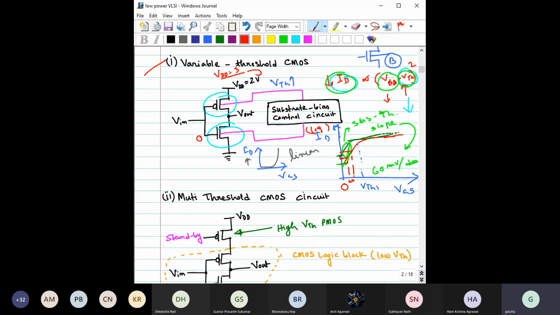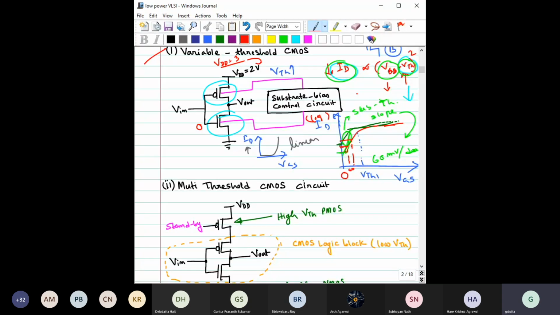By using this, we are reducing the threshold voltage while the transistors are conducting to make ID higher, and we are increasing the threshold voltage when the transistors are not operating, or are off, to prevent the subthreshold leakage and power dissipation. That way you can reduce the power, right? This is what this technique is all about.